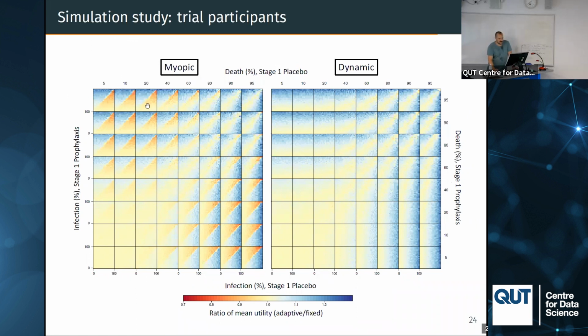Each of these larger macroscopic squares is a different pairing of death rates in each of the second stage decision nodes. So the top right is representative of the death rate being 95% after either prophylaxis or placebo.